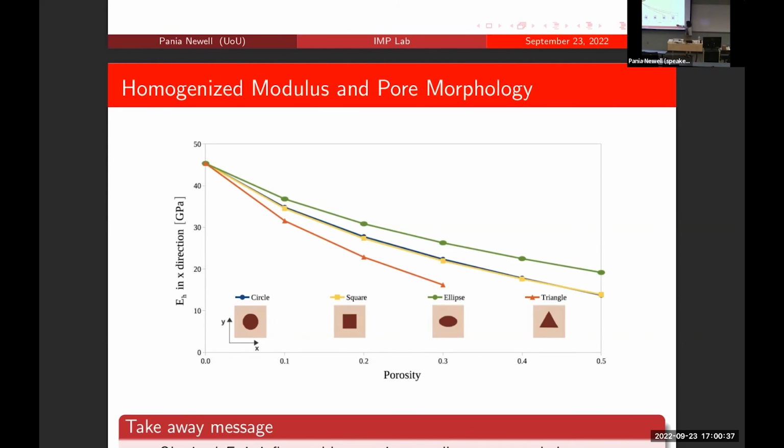With the triangular, first of all, we couldn't increase the porosity because of the size of the pores reaching the boundaries. With the ellipse and the triangular, we see distinct behavior of the underlying pores. These two created anisotropy, and the metamaterial people have a special name for the triangular. In this case, we could not preserve the constraints for the triangular.